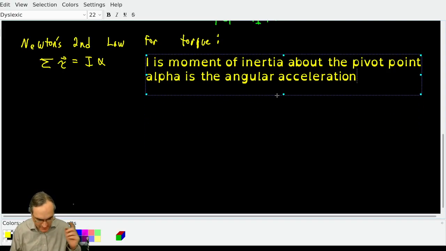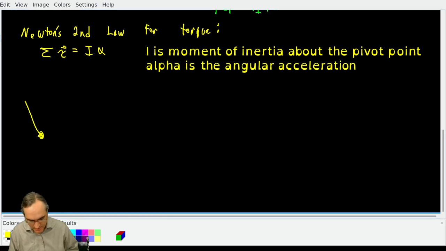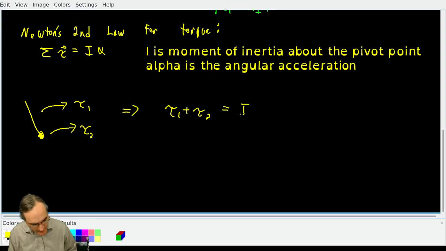Now, the reason why I need to mention this is the sum of all torques. There are going to be cases where you have an object that consists of a couple smaller objects. You can actually find the torque on object 1, the torque on object 2, and then the sum of those two torques would be equal to the total moment of inertia times alpha for the entire shape.